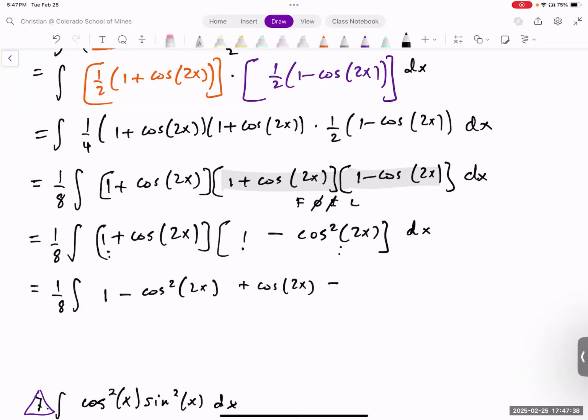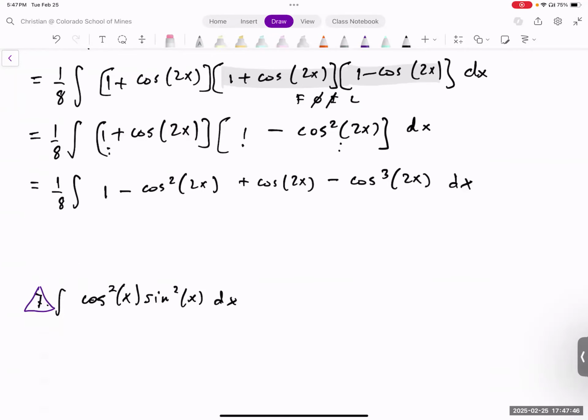And then minus cosine cubed of 2x. And then let's talk about where we're at. 1/8. Okay, so what can we anti-differentiate, and what can we use an identity for? We could go ahead and anti-differentiate 1, and then anti-differentiate this with a half-angle formula, or we could replace all of this with a half-angle formula, and let's do that.